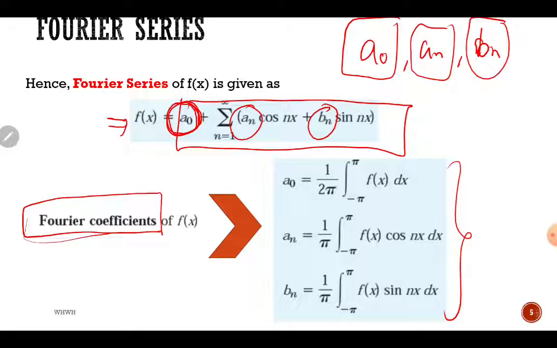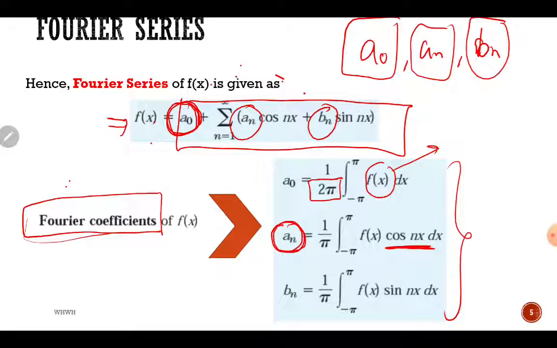Kenapa negative pi to pi? Sebab period dia adalah 2 pi. And f(x) ni nanti don't worry, dia akan berilah what is our function f(x). Untuk an, kita tahu an ni adalah coefficient untuk cosine series. So that's why kita punya integration adalah from negative pi to pi f(x) darab dengan cos nx. Kenapa yang ni 1 over pi sahaja?